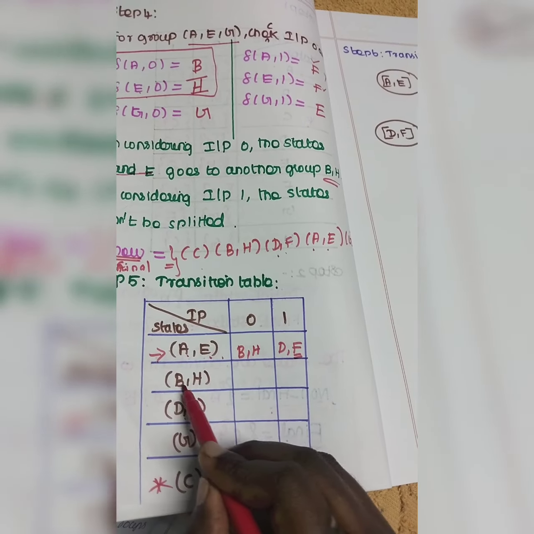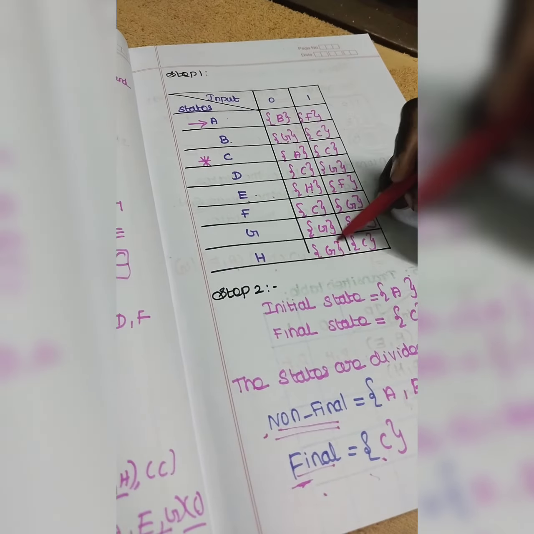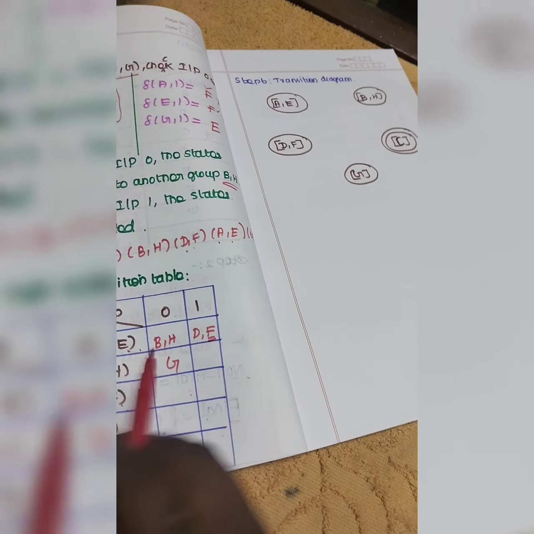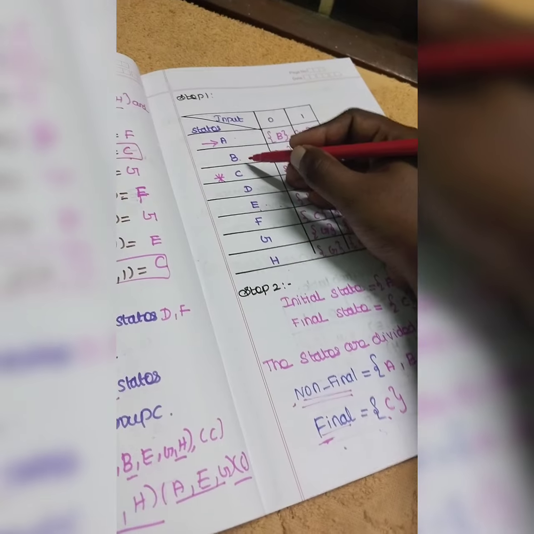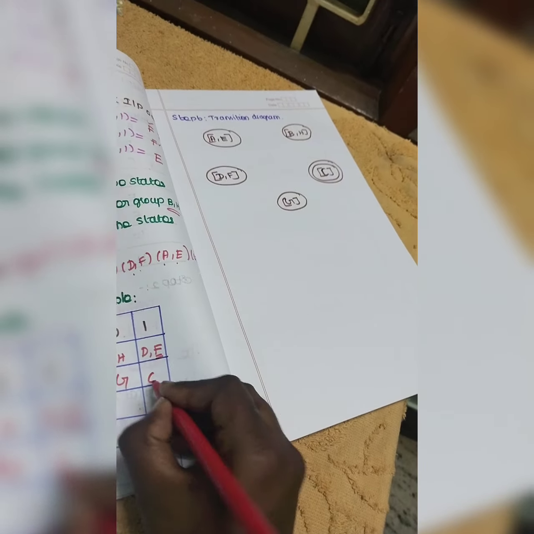Okay. So next is B comma H with the input 0. B and H, you can check, gives G only. G is only one state, so no issues. Next, B comma H with the input 1 gives C. C is already one state. No issues.